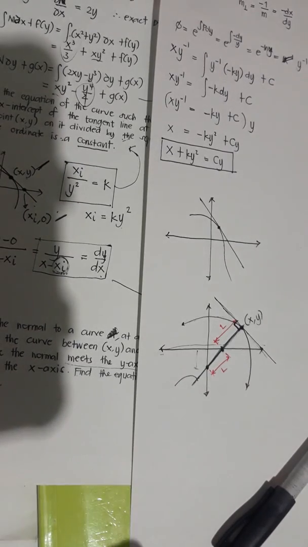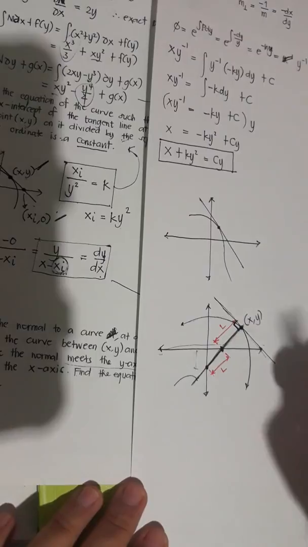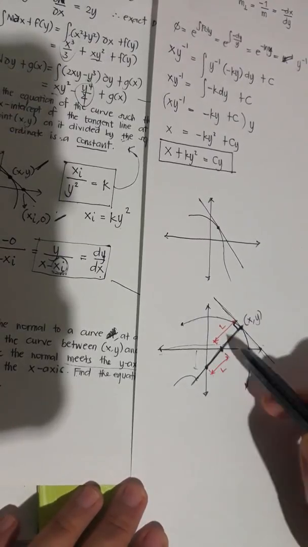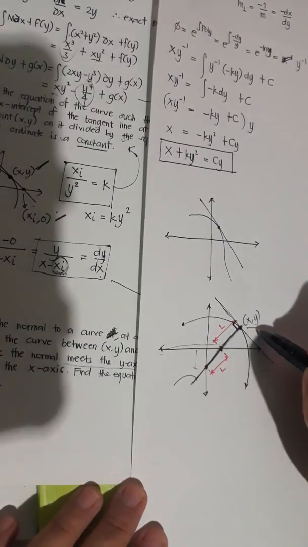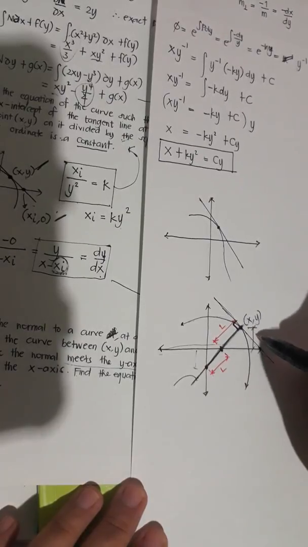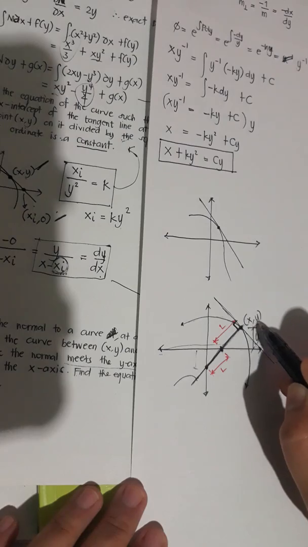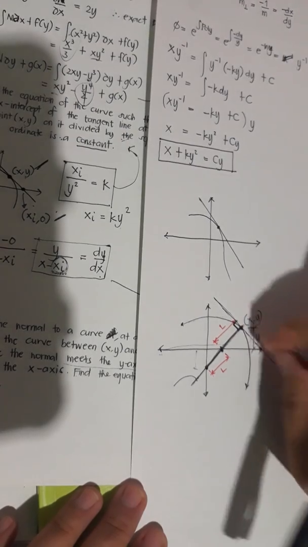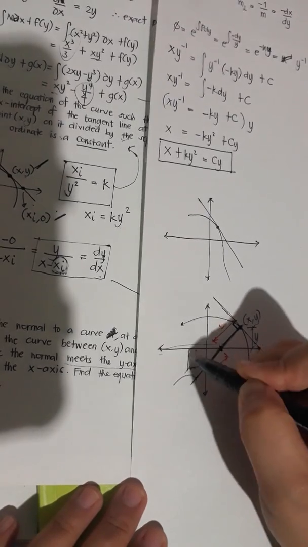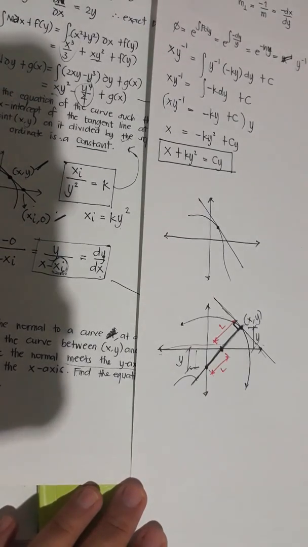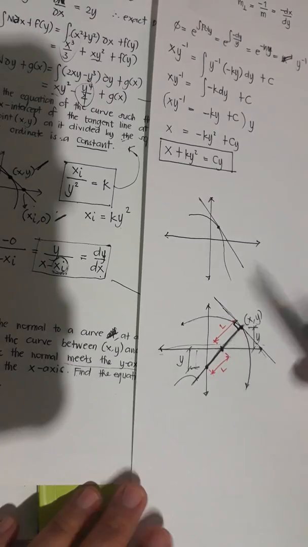So the height from the origin here is y, because the ordinate is y. Therefore, the height also here is y, since the lengths are equal.